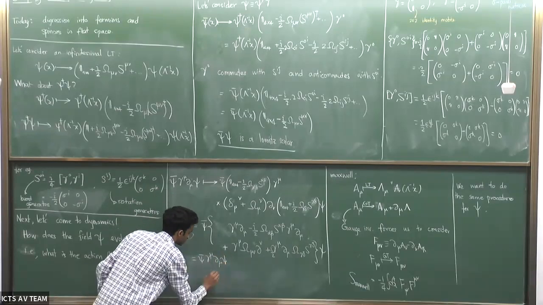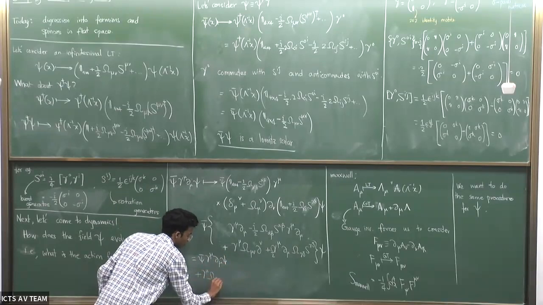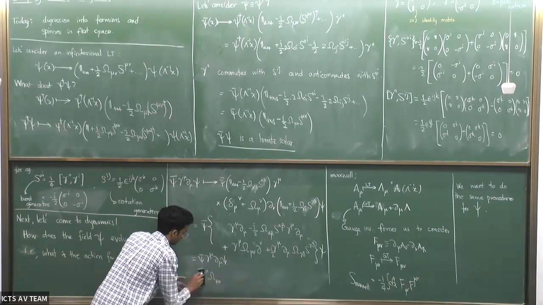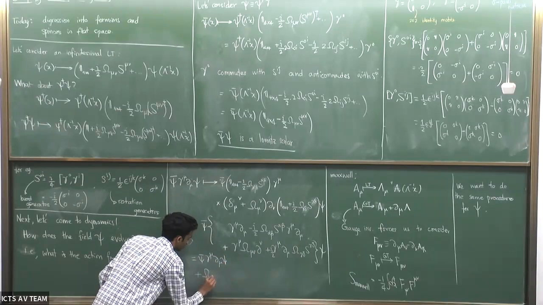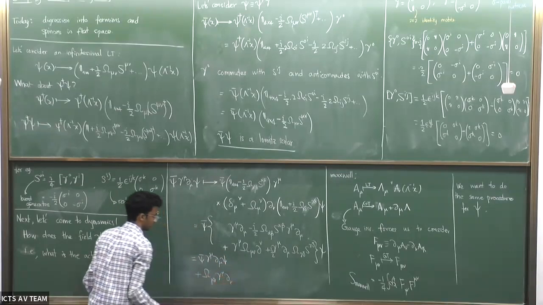And what are the other terms? You have plus gamma mu, omega mu nu, gamma mu, del nu.